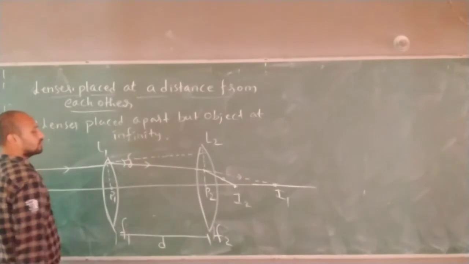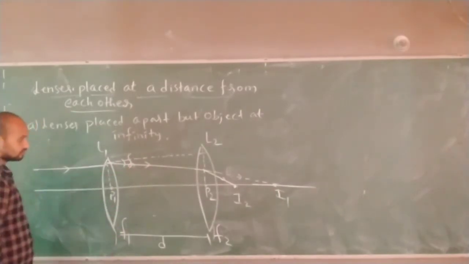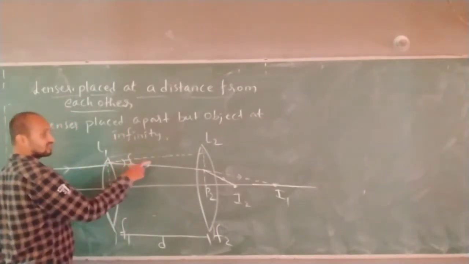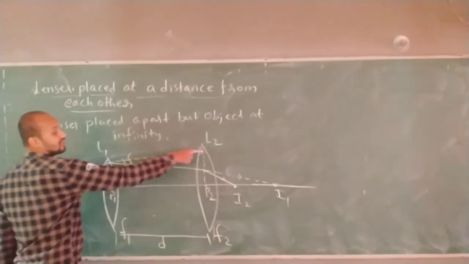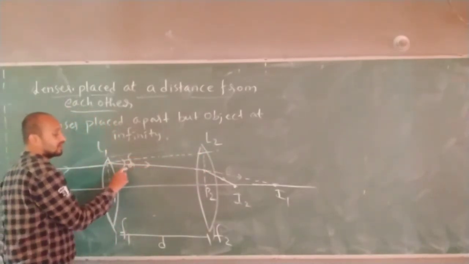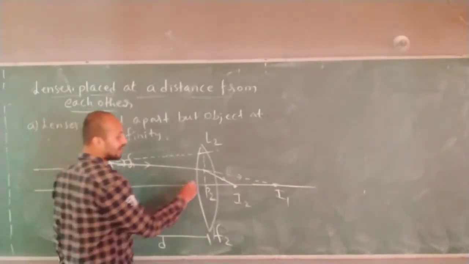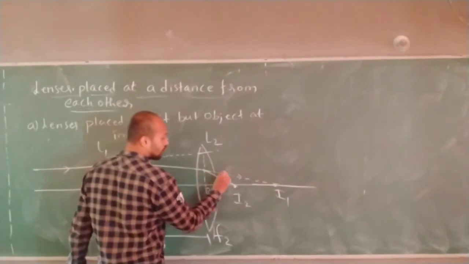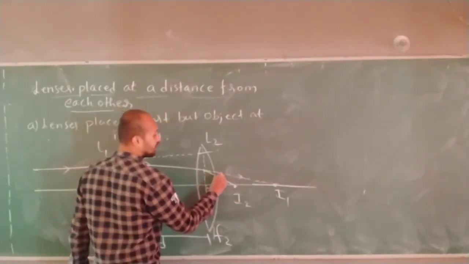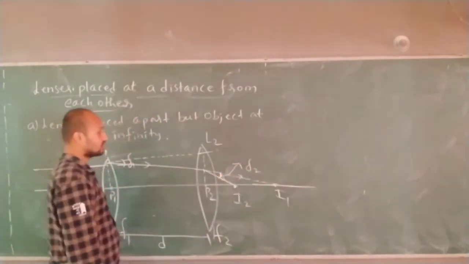If this L1 lens was not there, this light was supposed to go like this. But due to the presence of this lens, it is bending. It makes a deviation δ1. Again here, this was supposed to move like this, but it has gone like this. This angle is δ2.